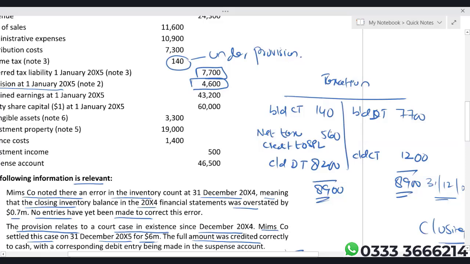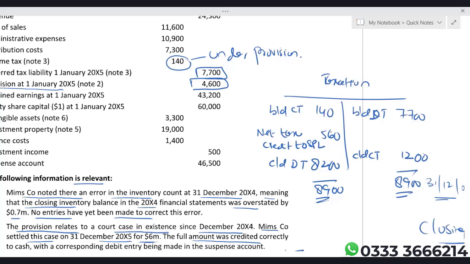If you just recall IAS 12 when we discussed it, normally the balancing figure of tax comes on the credit side. Now it is coming on a debit side, so 560 is your net tax credit to the statement of profit and loss, which means that you will not be paying 560. Basically, you will be getting this 560.